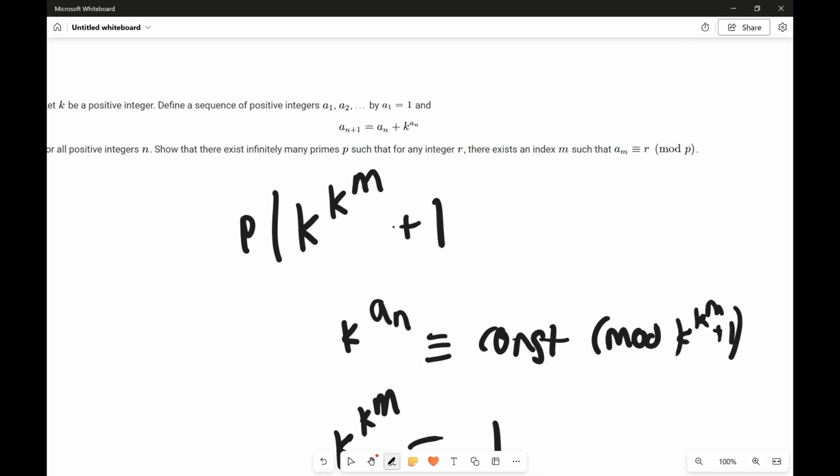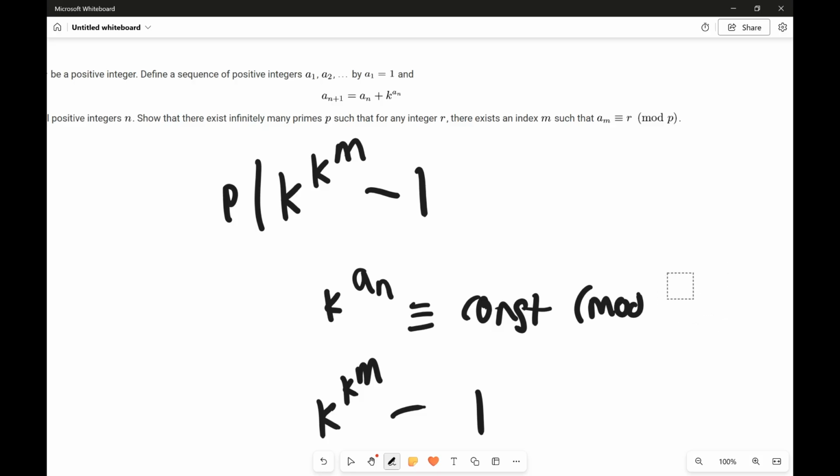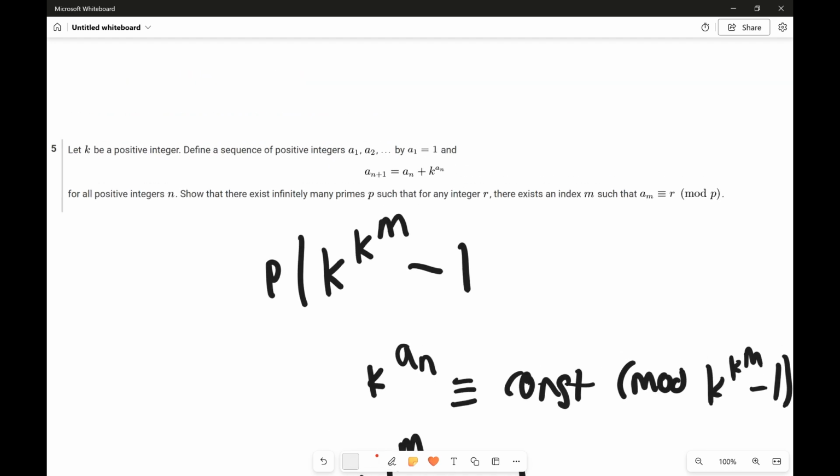So let's take p dividing k to the power of m minus 1. Then this is indeed true. So k to the m minus 1. And therefore, eventually, we're going to only add a constant term to the sequence at some point.